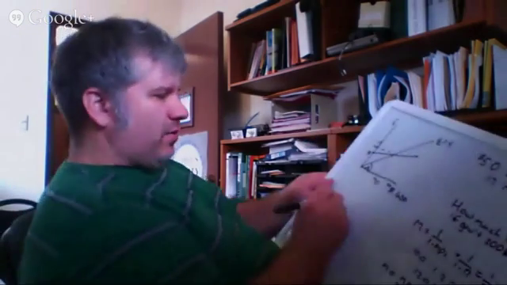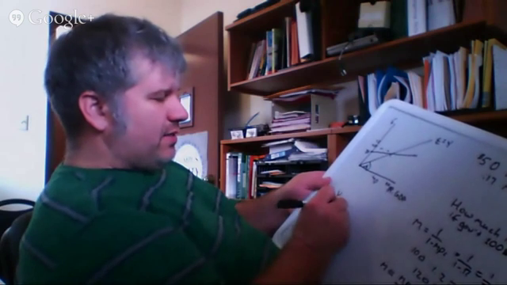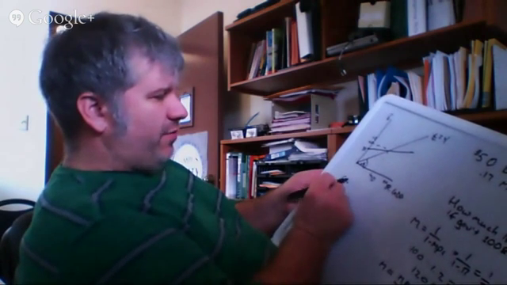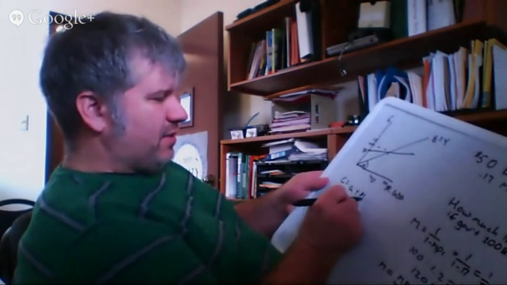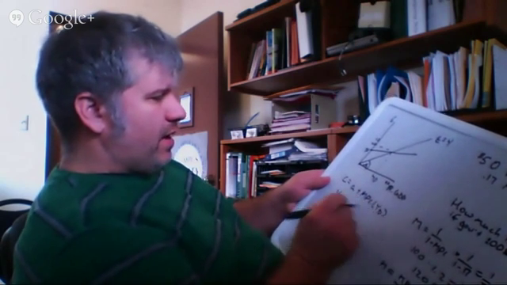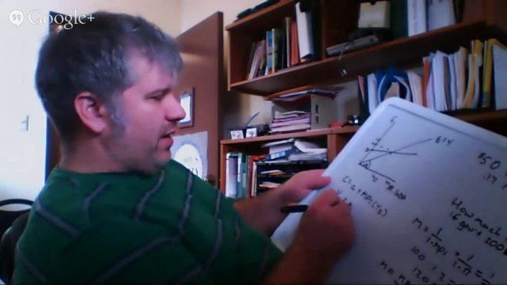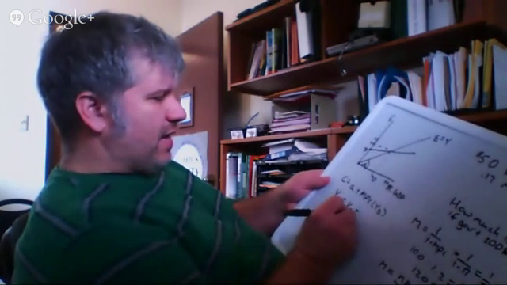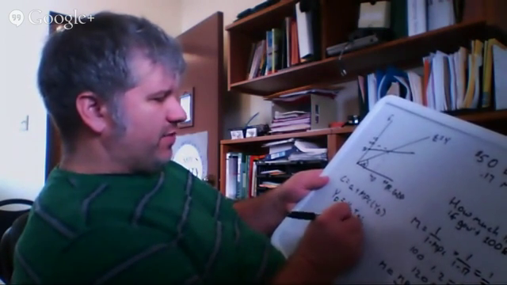Your disposable income, YD, is equal to income minus taxes plus transfers. So I'll write out all the formulas I just said: C equals autonomous consumption plus MPC times YD, and YD equals Y minus T plus transfers.